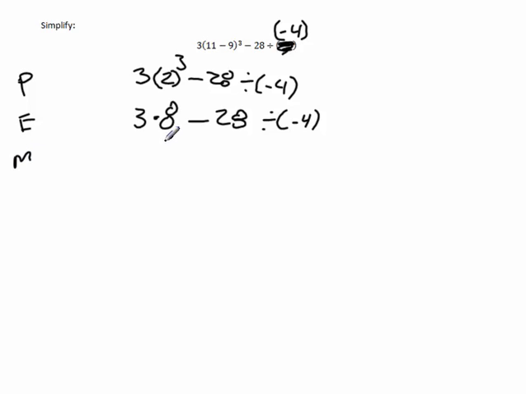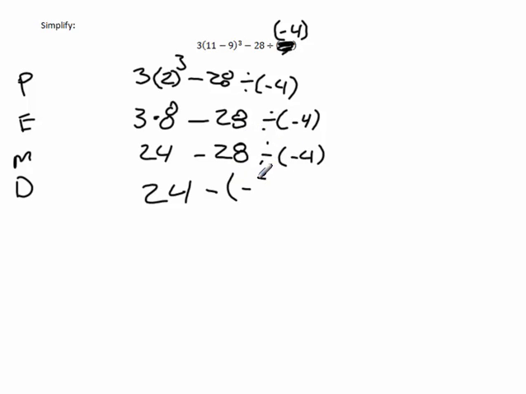The next thing I need to do is a multiplication. Here's my multiplication. 3 times 8 we know to be 24. And we keep everybody else in line. And next we do our division. I could say this is negative 28 divided by negative 4, and I would end up with a positive number. Or I could say it's 24 minus 28 divided by negative 4. So I'm going to say this is 24 minus, and 28 divided by negative 4 is negative 7.